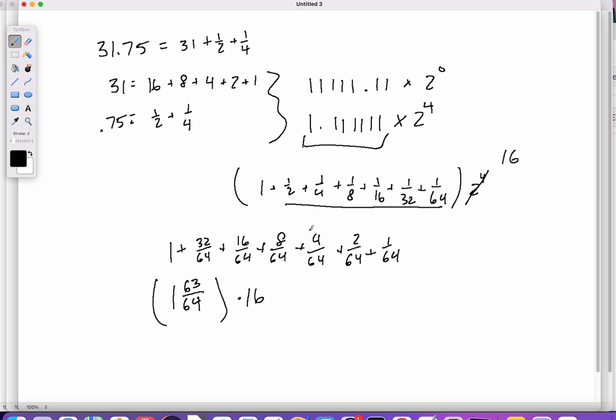Okay, so what is this? Well, this over here is 64 over 64, okay? And I'm adding to that 63 over 64, and I'm multiplying this whole thing times 16.